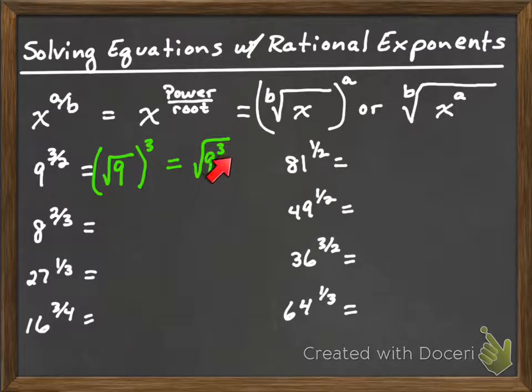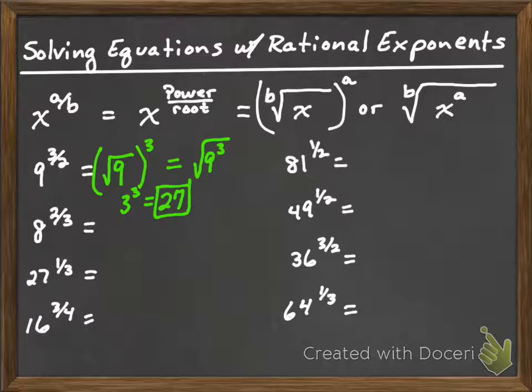Raising 9 to the 3rd power, which is 729, and then try to figure out the square root of that, or figure out the square root of 9, which is 3, and raise that to the 3rd power. That's much easier to do because we're dealing with smaller values. All right, so the square root of 9 is 3, and 3 raised to the 3rd power means 3 times 3 times 3, which is 27.